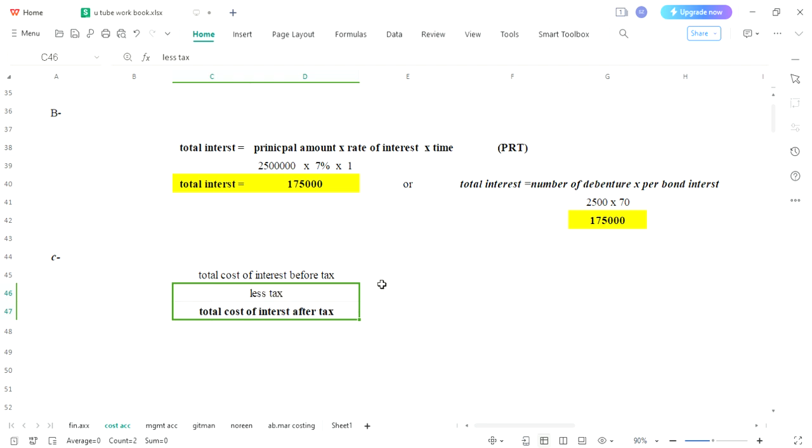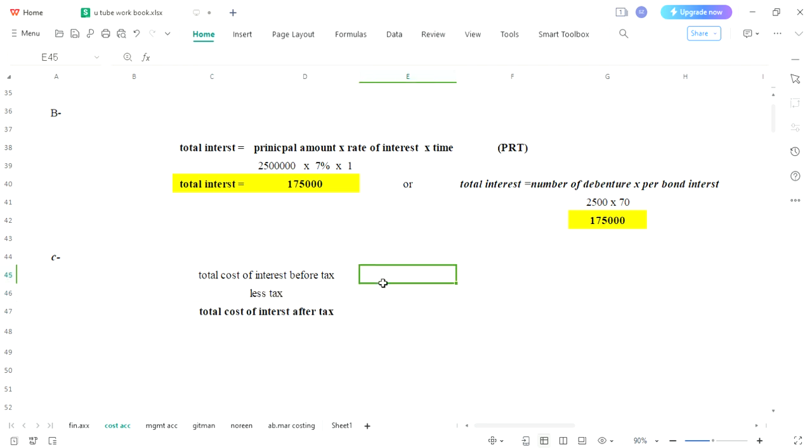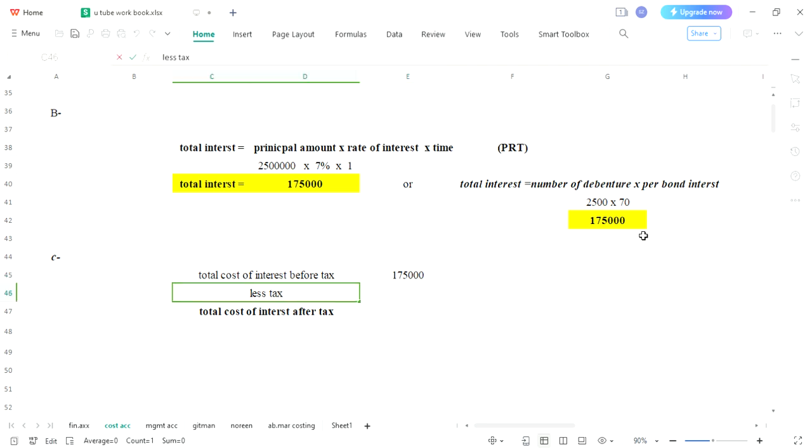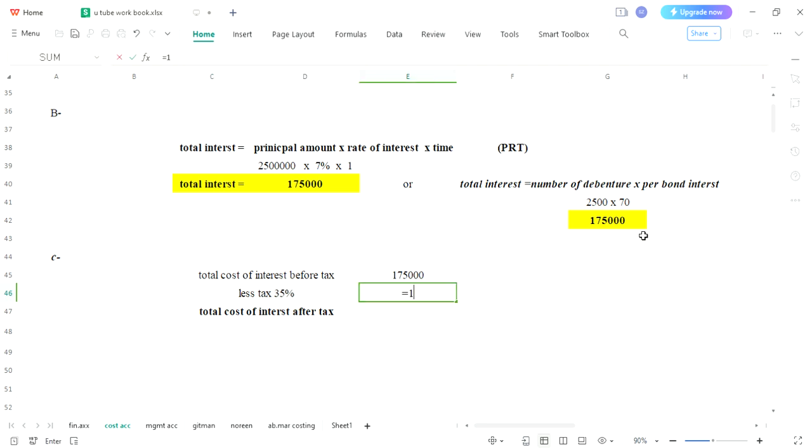Alright guys, so now let's see how much total cost of interest we have calculated over here: 1,75,000, and tax would be calculated at 35%. Let's calculate our tax. Amount before tax was 175,000. Look, it is at the same time cost of debentures and income from debenture.